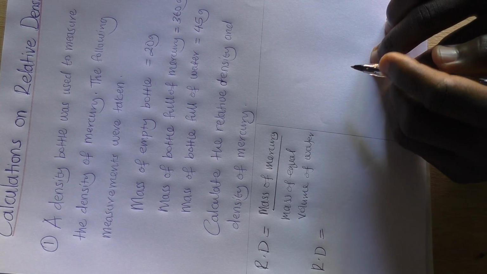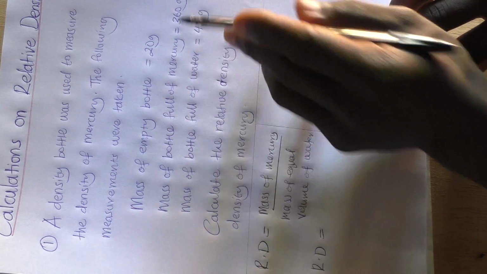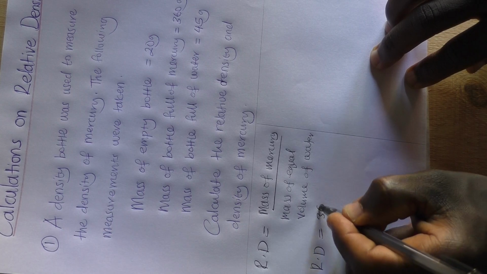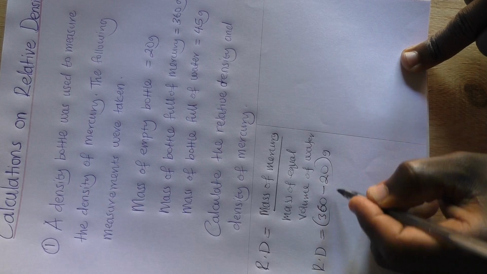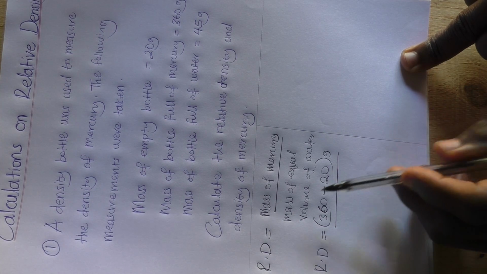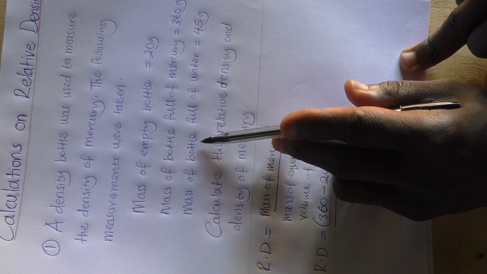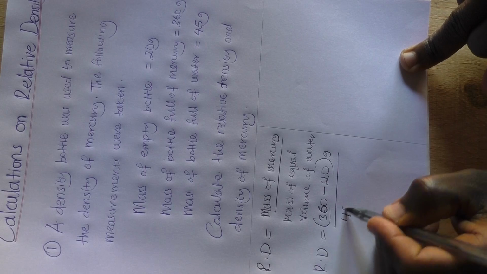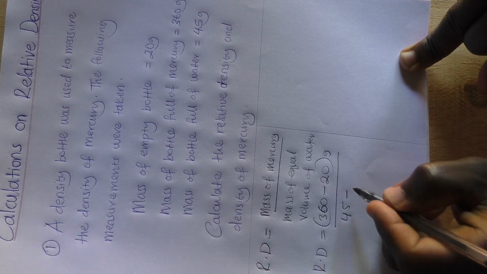So the mass of mercury will be given by mass of density bottle plus mercury, which is 360, minus the mass of empty bottle, which is 20. This is in grams, over the mass of equal volume of water, which is given by mass of bottle full of water, which is 45, minus mass of empty bottle, which is 20.